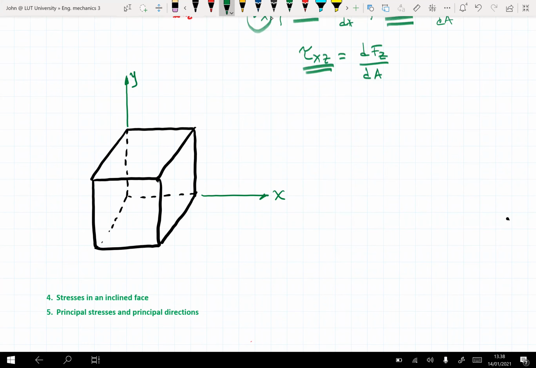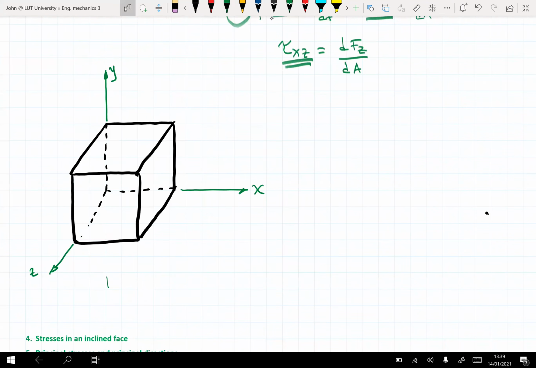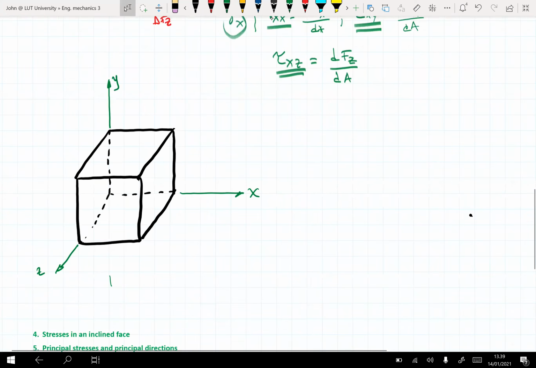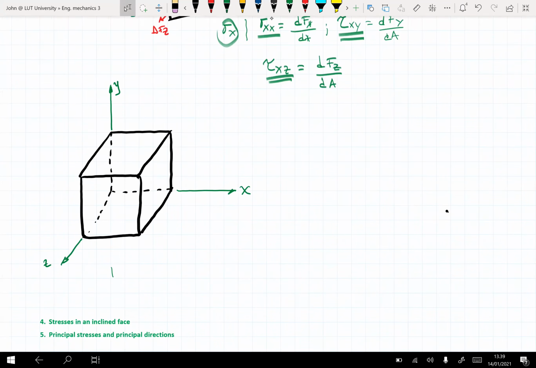This is y, and we have the z-axis. I want to make it big so it doesn't make a mess.